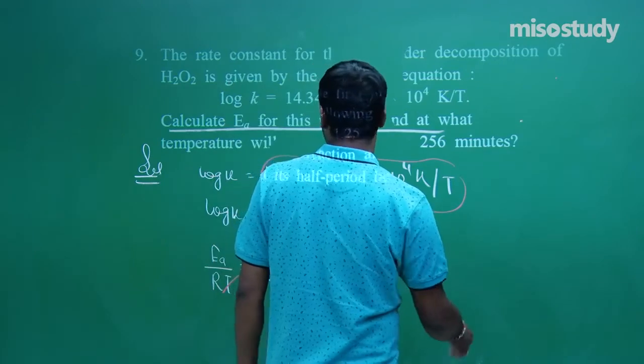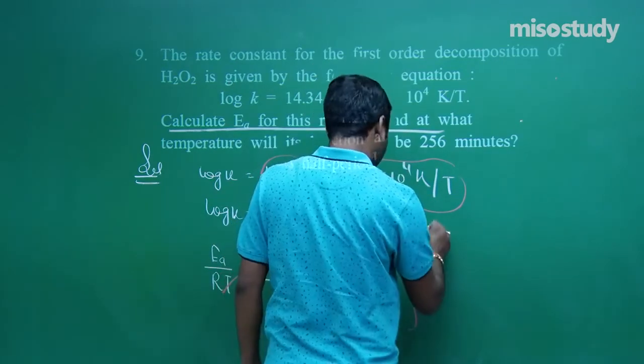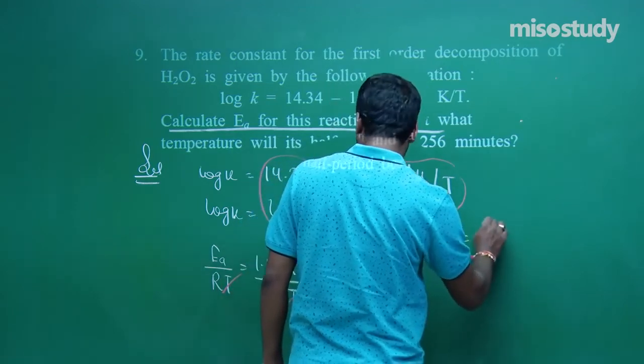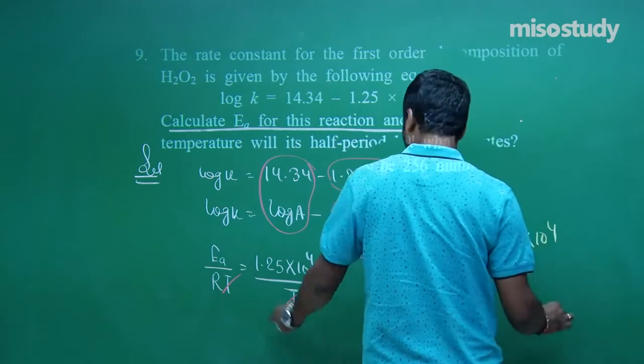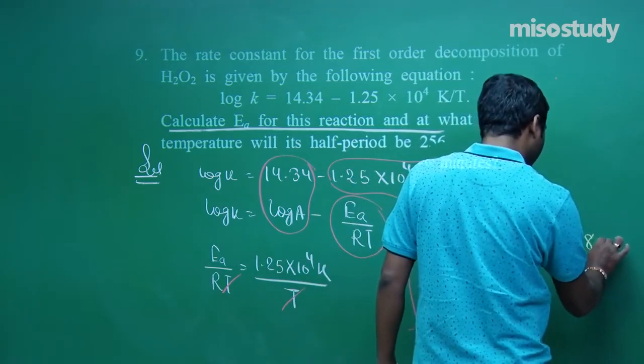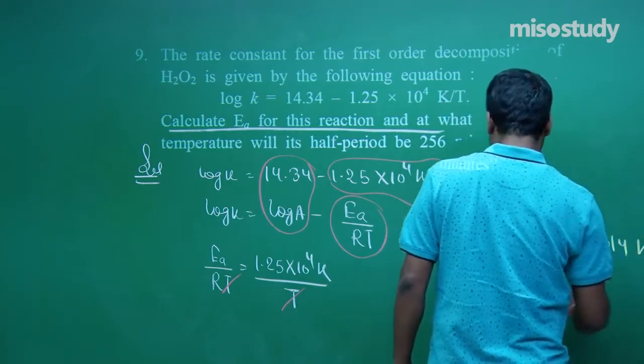We will write here EA is equal to 1.25 into 10 to the power 4 into R, that is 8.314 K. Clear?